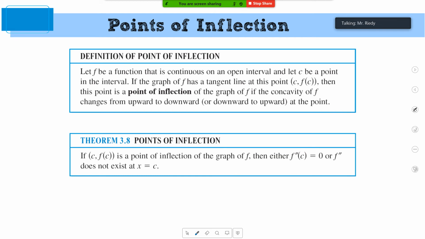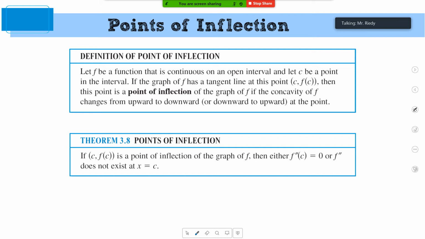Theorem 3.8, point of inflection. If (c, f(c)) is a point of inflection on the graph of f, then either f double prime of c equals 0 or f double prime does not exist.